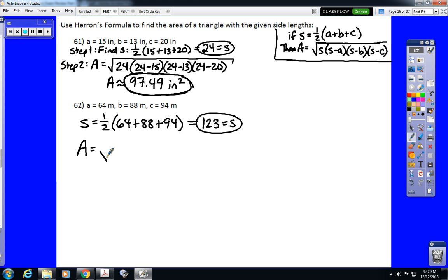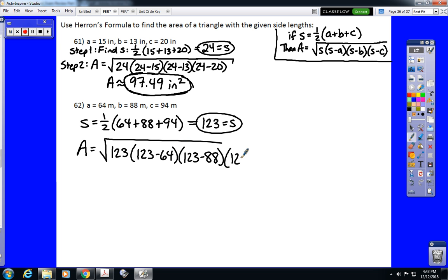So the area is the square root of 123 times 123 minus 64 times 123 minus 88 times 123 minus 94. So we feed the calculator. And we get that the area is 2,714.01 square meters.